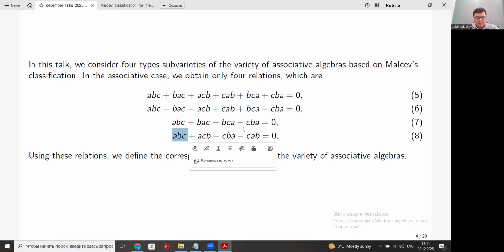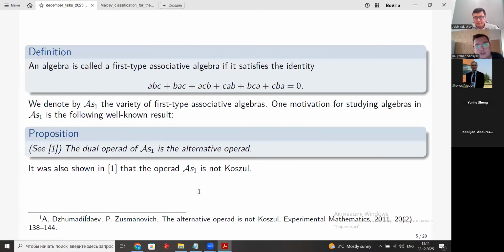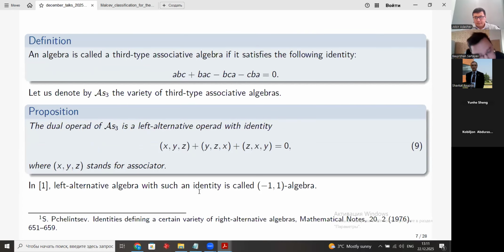So the difference is just in sign. And you see that from this identity, under the reverse mapping, we can obtain this. So it means that there is no meaning in considering fourth type associative algebras, because the result will be the same as in the third.